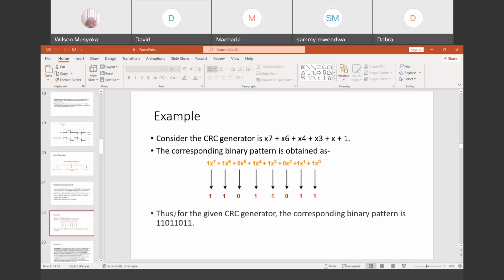That is how the data is going to be converted when it reaches the destination, because the corresponding binary is going to look this way. So when it reaches the destination, if you have multiplied the data again and you do not get this value, then you realize that something has happened and you either need to resend the data or correct that data.